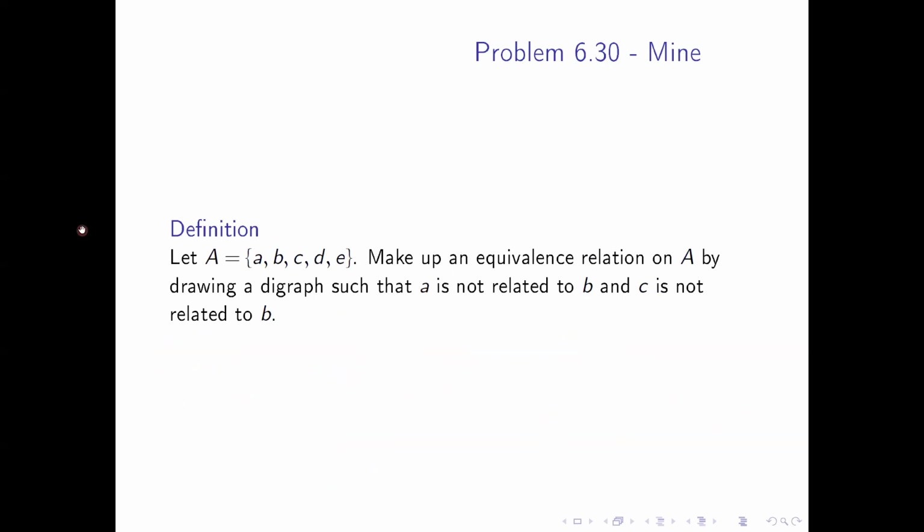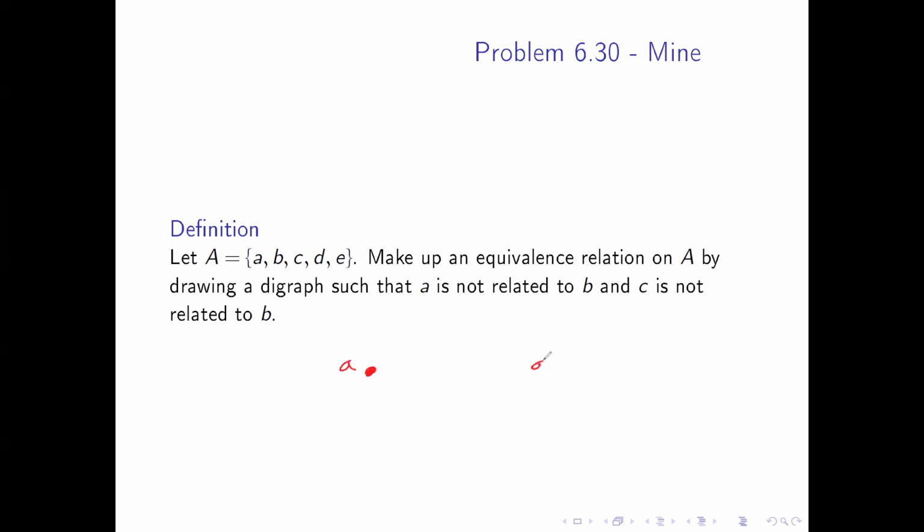So let me talk about this one. Consider A, B, C, D, E, and let's make up an equivalence relation by drawing a digraph such that A is not related to B and C is not related to B. I'm literally going to make the digraph up. So I have to put all my things in here.